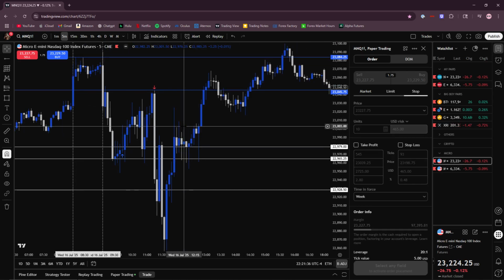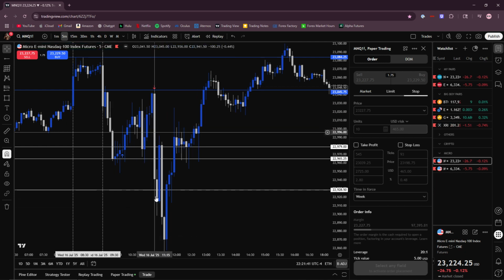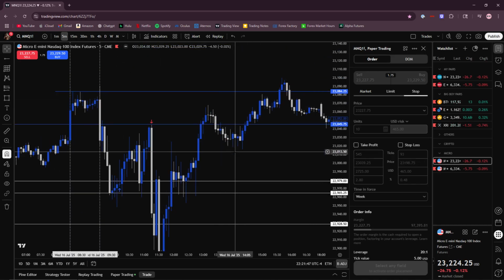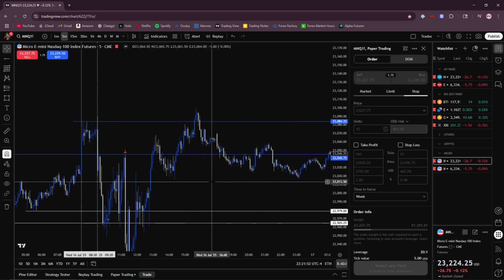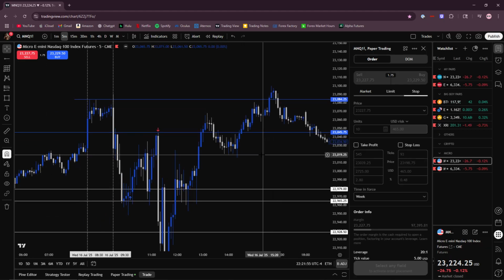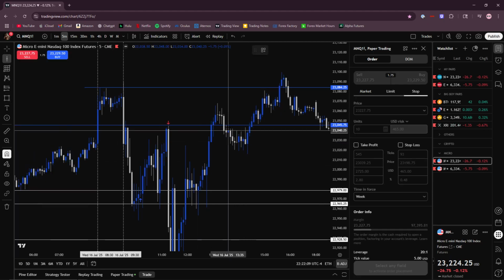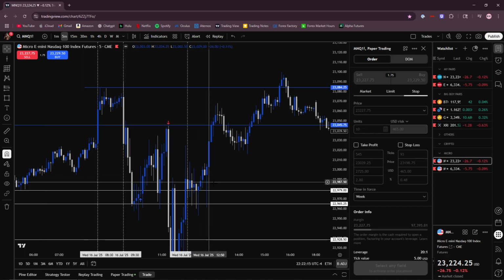The break of structure was here, out of this stupid little dip down that stopped us out. The break of structure up here, we get a small retracement here, and then price takes out highs up here and then pushes higher. Being honest, it was actually pretty decent to go for this, but this would have taken out our entry if we entered on here. And this is PM session 2, so the best possible outcome is to not end up taking a trade today.